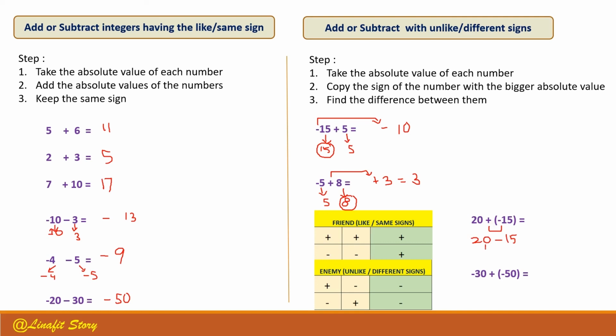The absolute value of 20 is 20. The absolute value of negative 15 is 15. Which one is bigger, 20 or 15? 20 is bigger. So the result is a positive number. So you just copy its sign, positive. Then the difference between 20 and 15 is 5. So the answer is positive 5. You just write it as 5.